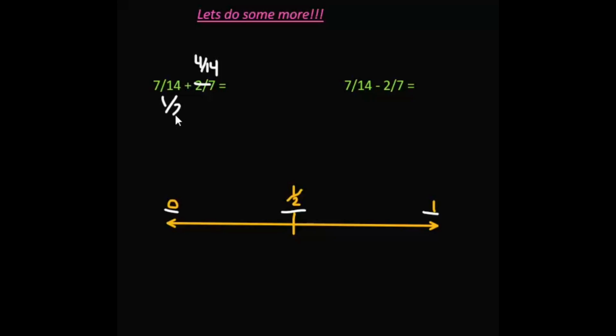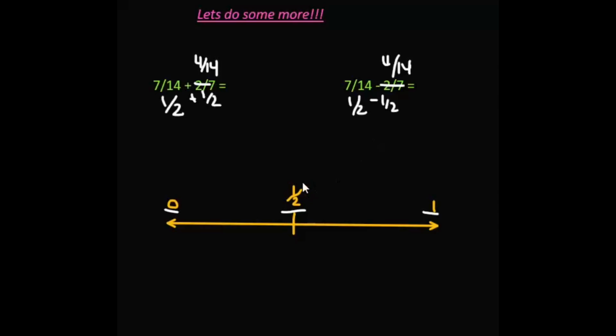So let's write down half here, and 7 fourteenths is over here too. Let's write down half, and let's write down 4 fourteenths up here. Remember, whatever you do to the denominator, something will change in the numerator too. Okay, so now let's round this too. This is closer to 1 half again. So 1 half plus, minus, sorry.